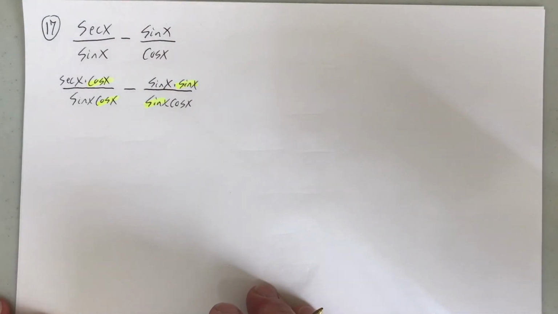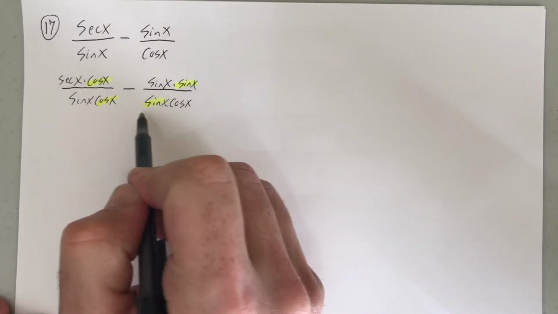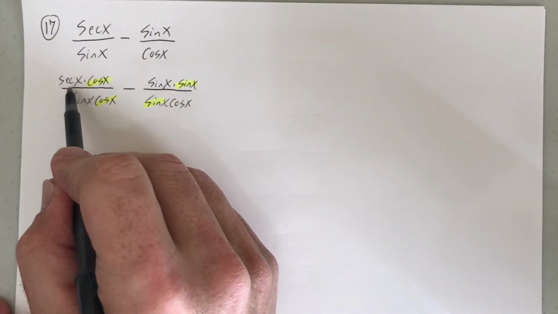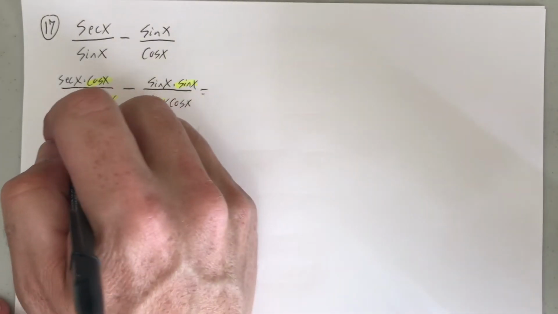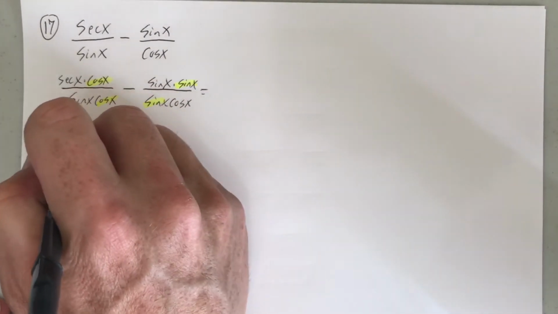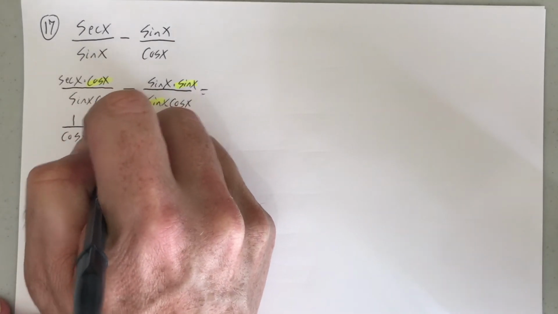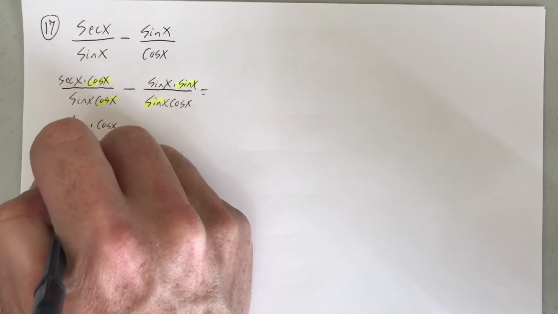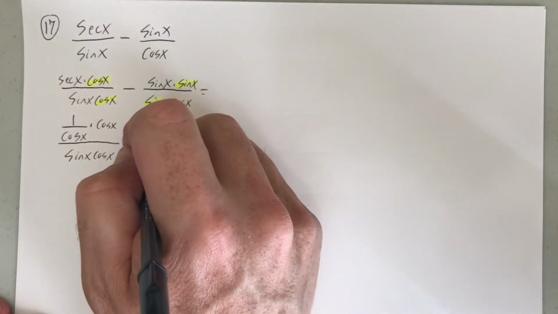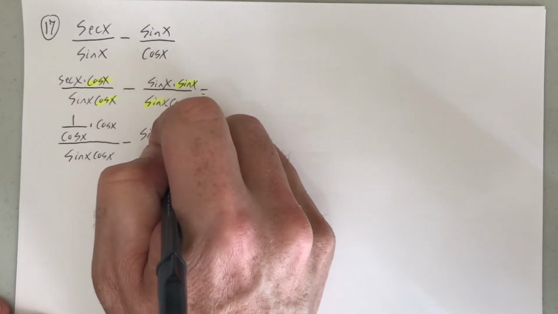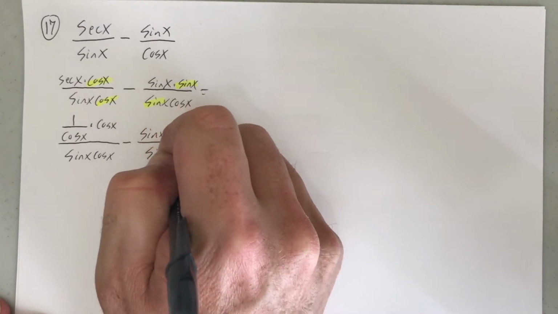So now I can go ahead and swap out, since all these are sines and cosines except for the secant here, I can replace that with 1 over cosine. So that would be 1 over cosine x times cosine x over my common denominator, minus sine x times sine x over common denominator.